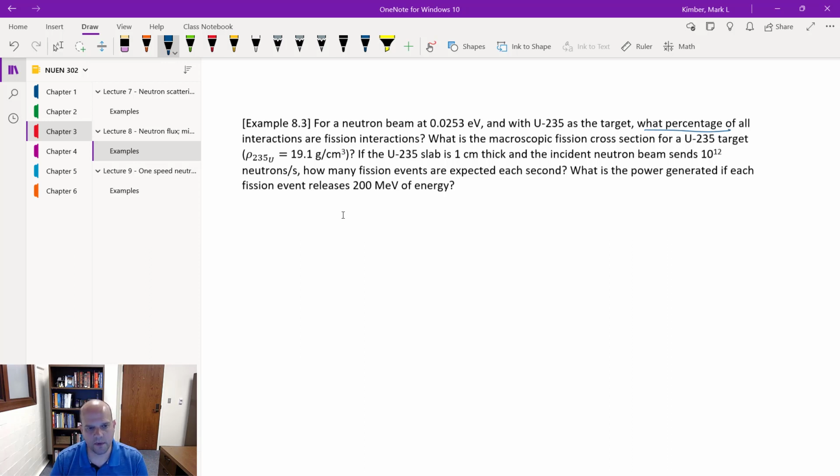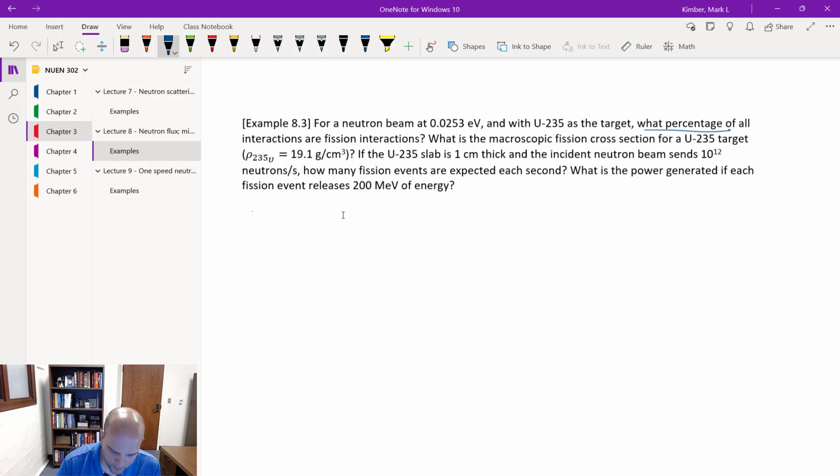Just like we were saying before, we need to look up the cross-section for fission of U-235 with an incoming neutron, and the total cross-section for U-235 with an incoming neutron, and the percent of fission is just going to be a ratio of those two.